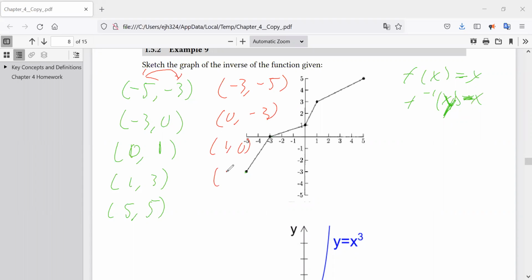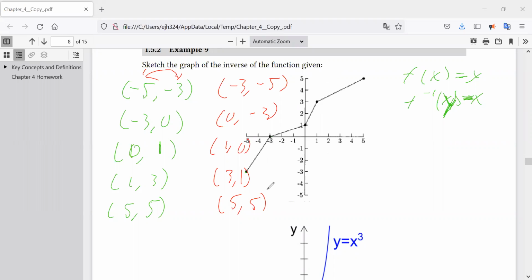F inverse of 3 is going to be 1. And f inverse of 5 is going to be 5. Does this make sense to people? I think it makes sense. You just flip the points around for the inverse, right? Yeah, exactly.